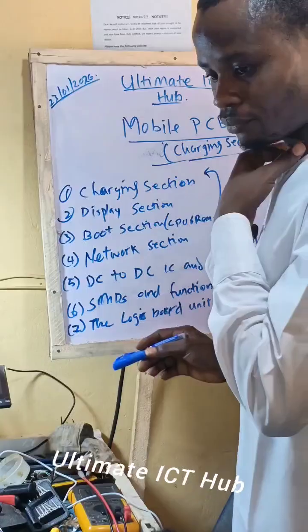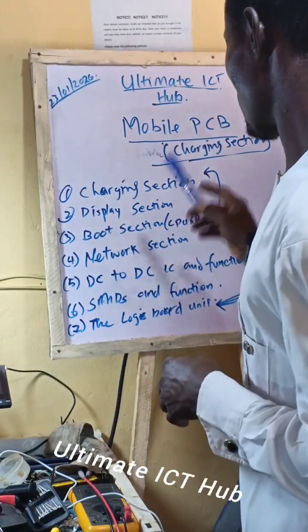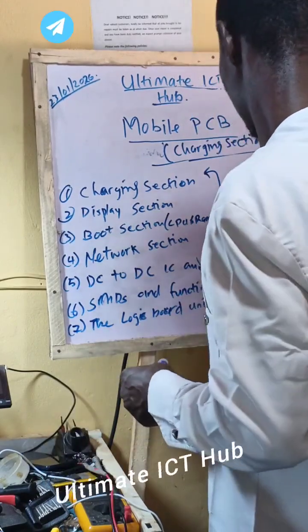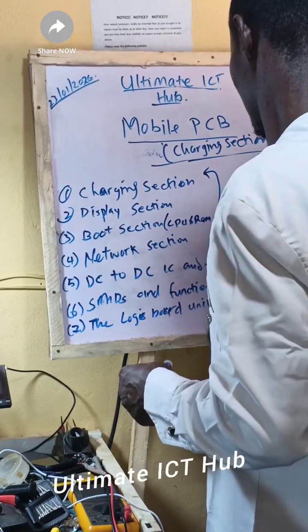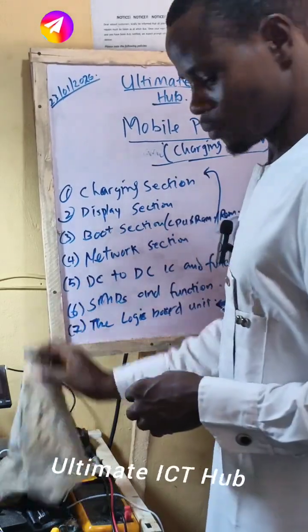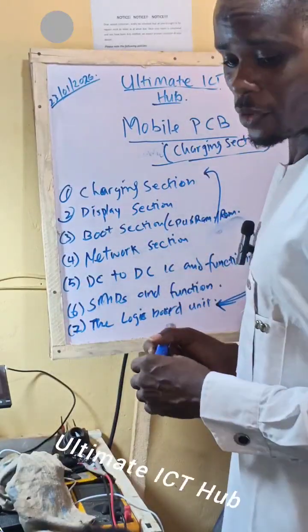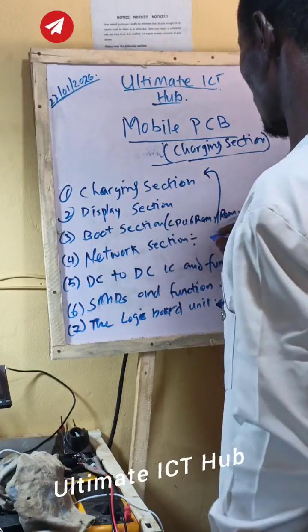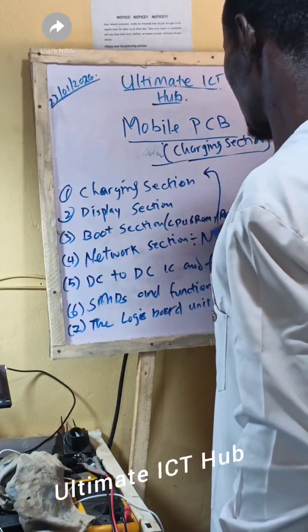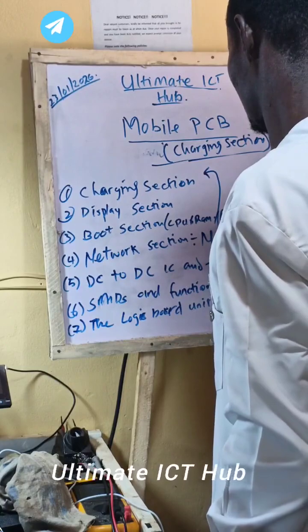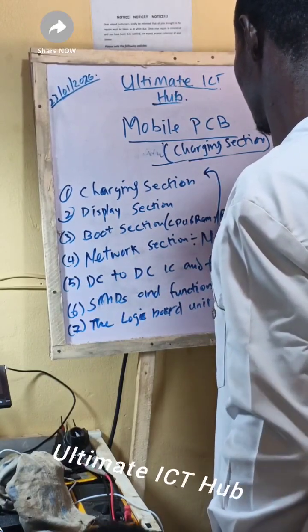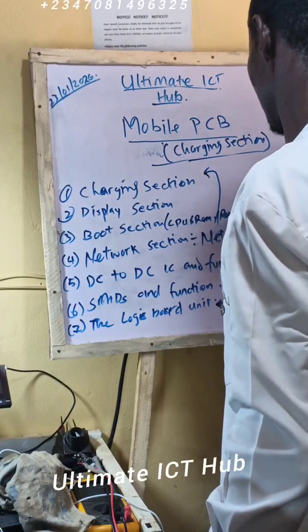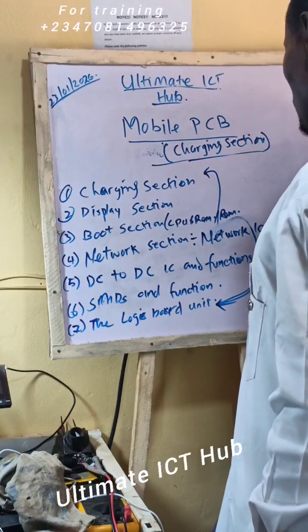Is that clear? Then also the network section. The network section, we're going to be talking about the network IC, and network, just the end means what?